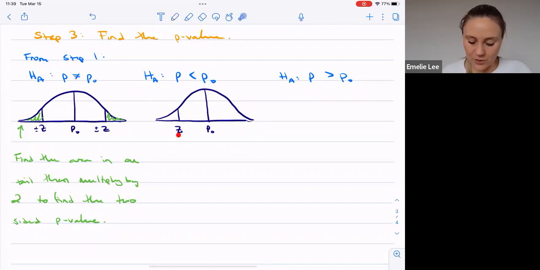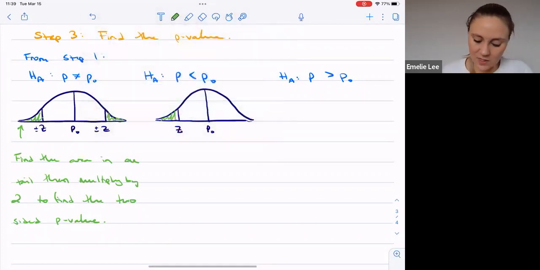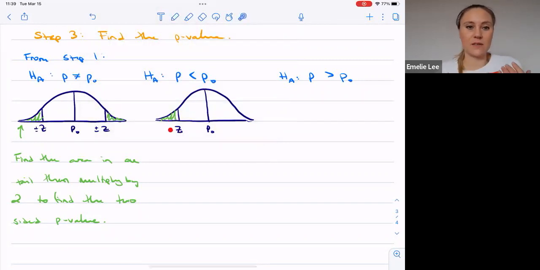But your Z must be negative, and then your one-sided p-value is going to be this area in the tail, because the p-value is the probability of seeing something as extreme or more extreme than what you saw.